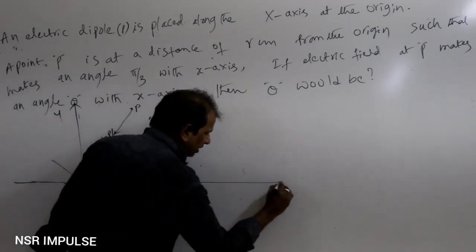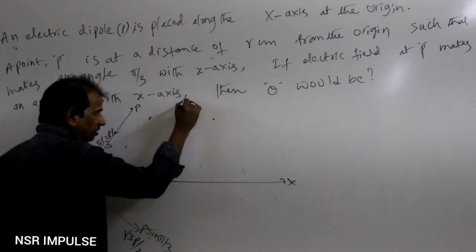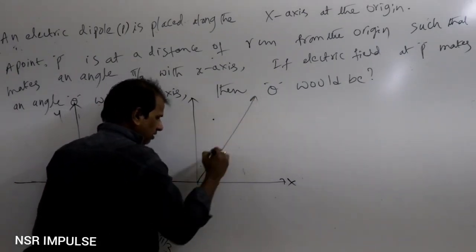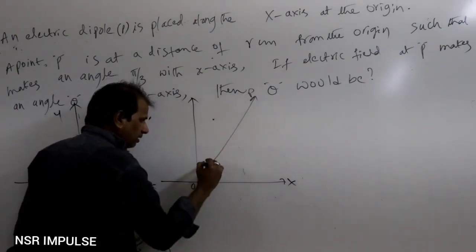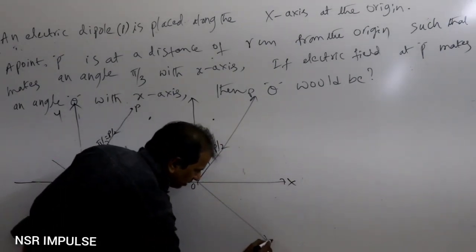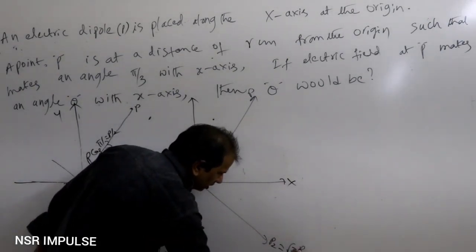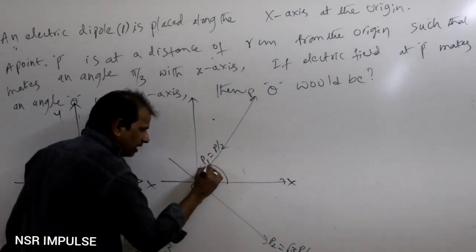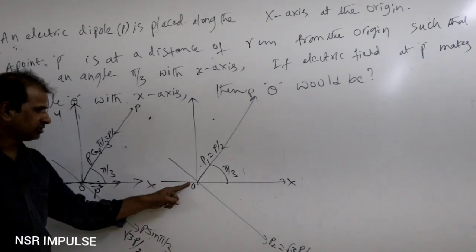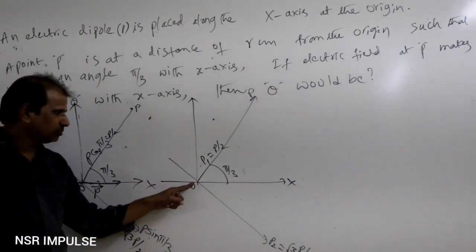What is this one? Let us take the next diagram. This is x-axis and this is the y-axis and this is the OP. P1 is equal to P by 2 and here P2 is equal to root 3P by 2, making an angle of pi by 3 here. First dipole of moment is how much? P1.